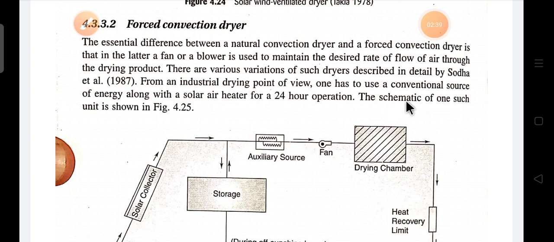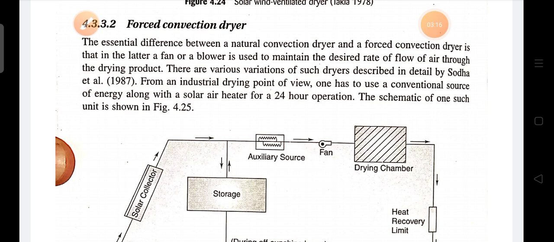The schematic tells us that we use both a solar collector and an auxiliary heater, or auxiliary source of energy, to heat our product for 24 hours, because a solar heater cannot give heat energy at night time or on cloudy days.